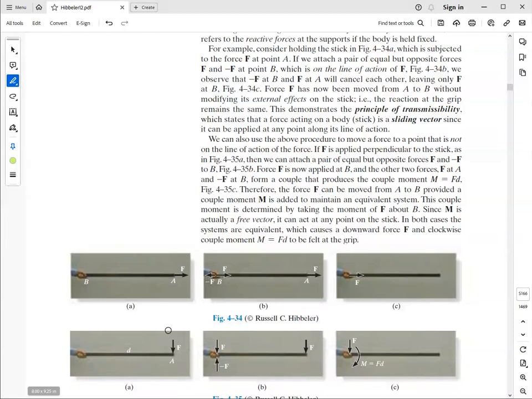Now, if instead I have a force that's perpendicular to the stick, what will be an equivalent system?